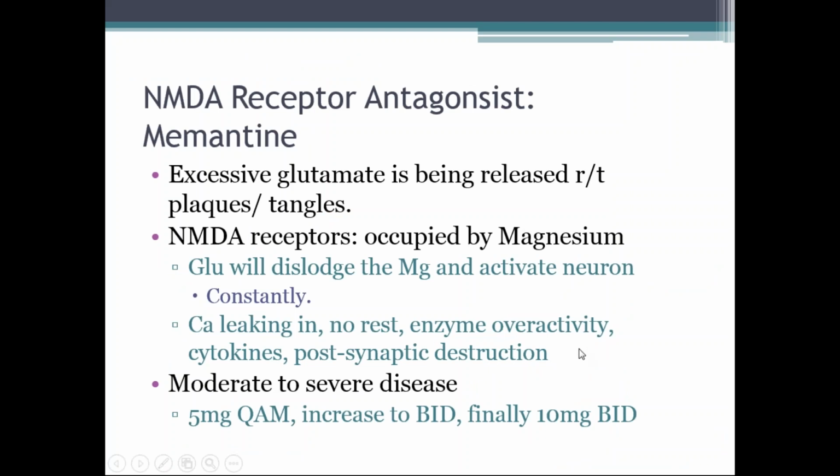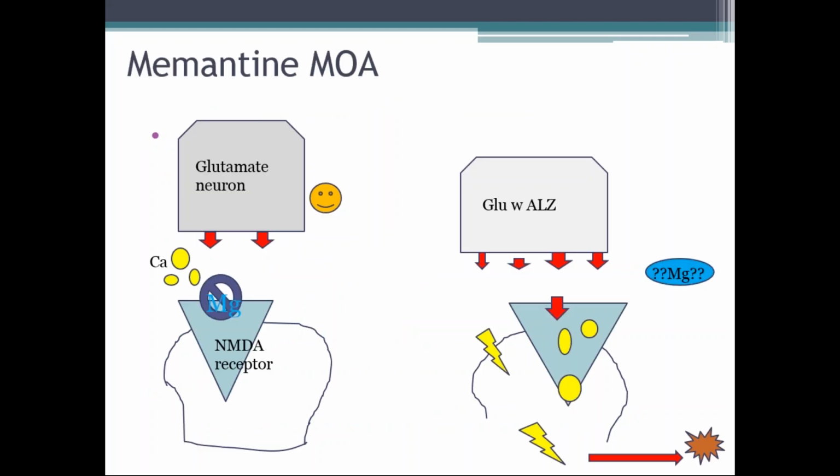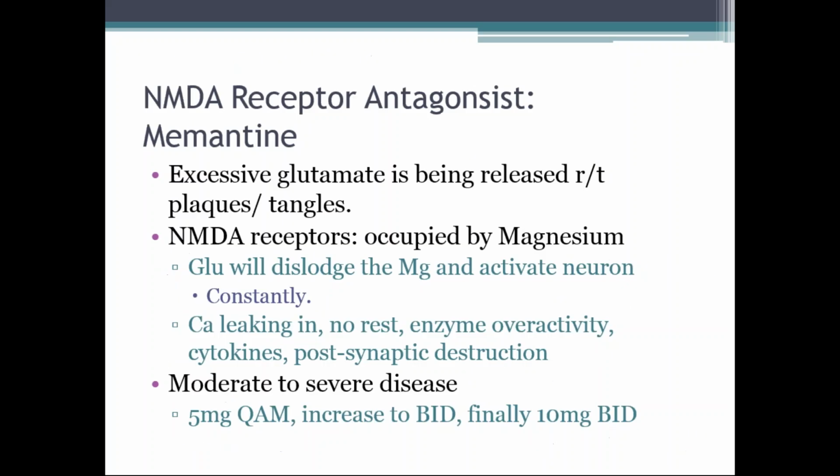Calcium constantly leaks in. Enzymes in the cell are overactive. There's constant metabolic need, metabolic waste. Inflammation increases. The cells can't keep up. The cells die. They're cleared out. That's what happens. So when the disease process is that advanced, the treatment of choice for these folks is going to be trying to interrupt that constant excitotoxic state by, let's go back to the slide.